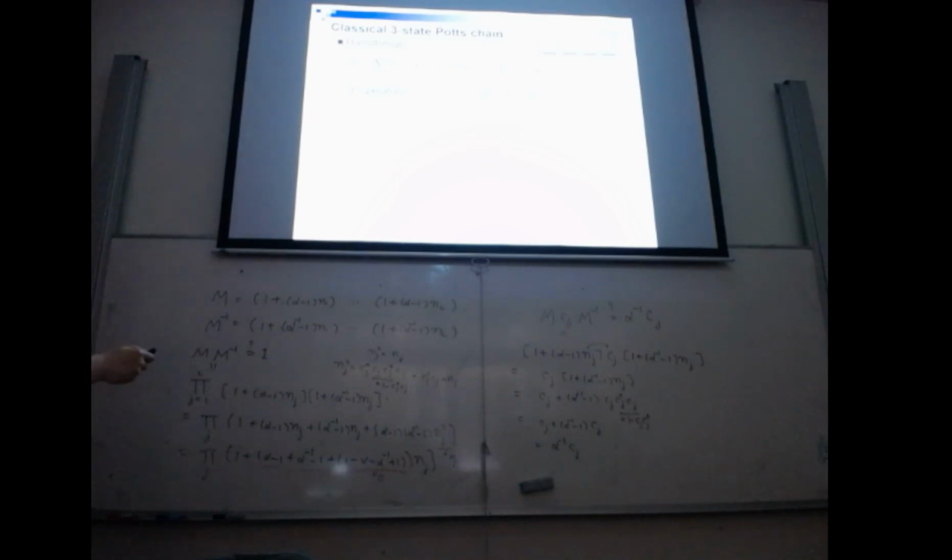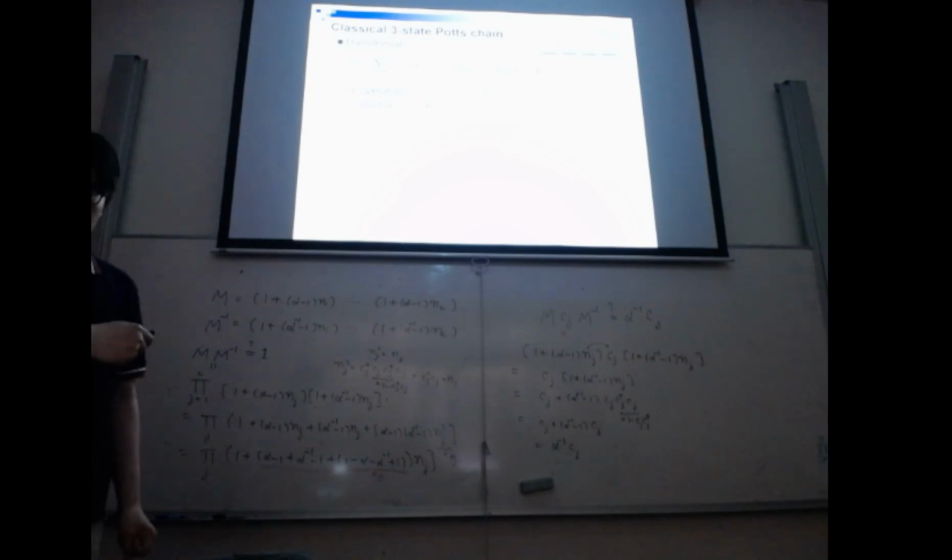And here's the factorization of the local Hamiltonian, and this Hj can be written like this, and this Lj is sigma j minus sigma j plus 1. And this classical Hamiltonian is diagonal in the basis in which sigma is diagonal.